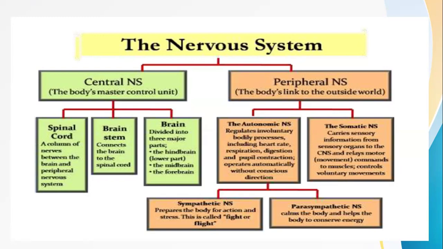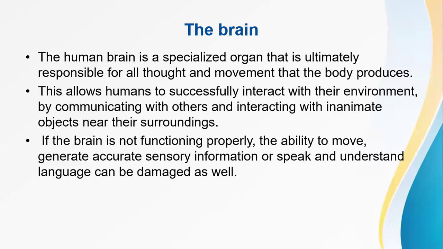And the second part is the parasympathetic nervous system, whereby it calms the body and helps the body to conserve energy. So there you have it. This is the full structure of the nervous system. We said it contains two main components: the central nervous system and the peripheral nervous system. Now, in this video, we'll move on more to the central nervous system. Specifically, we'll start with the brain.